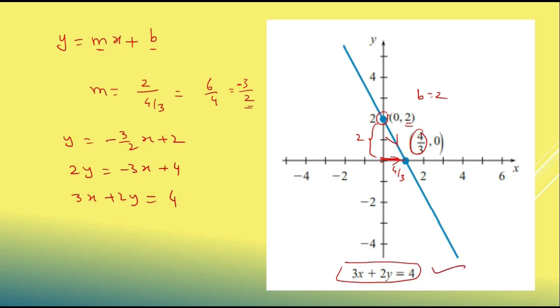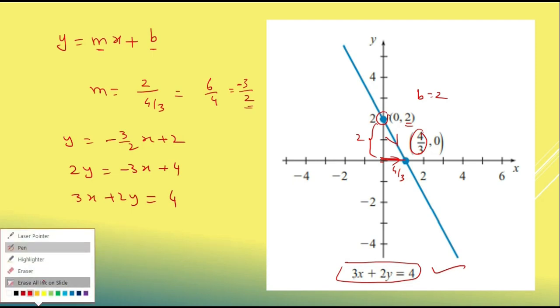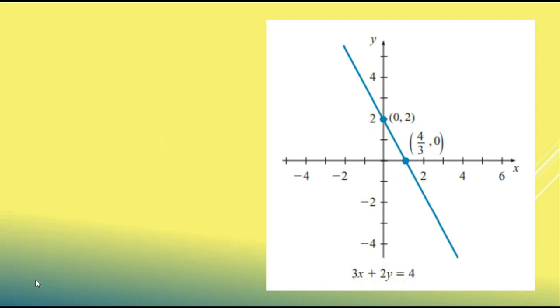Or there is another way to identify the straight line from this graph. When I write x over a plus y over b is equal to 1, this is an equation of a straight line that is expressed in x-intercept and y-intercept.